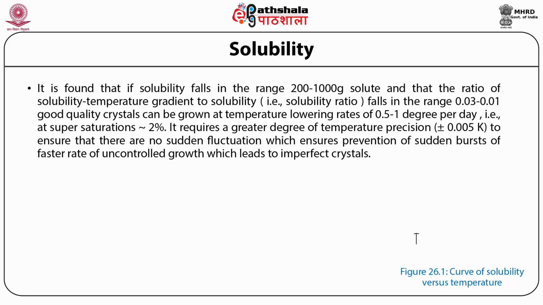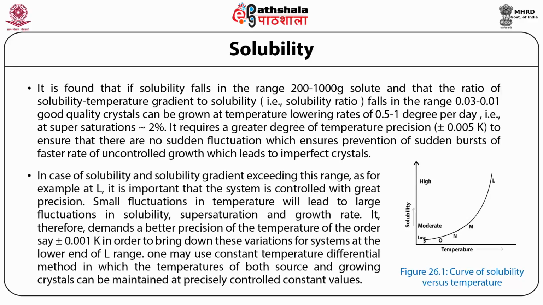It requires a greater degree of temperature precision, plus or minus 0.005 K, to ensure that there are no sudden fluctuations, which prevents sudden bursts of faster, uncontrolled growth that lead to imperfect crystals.